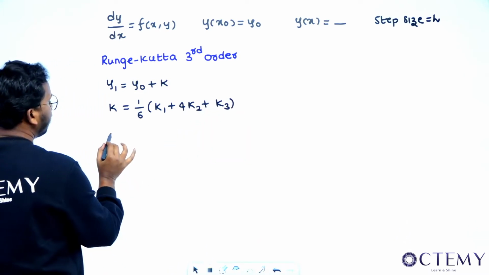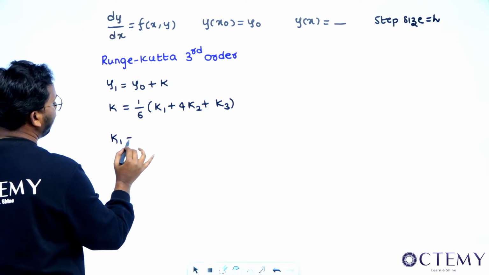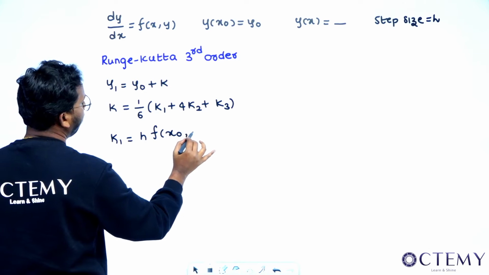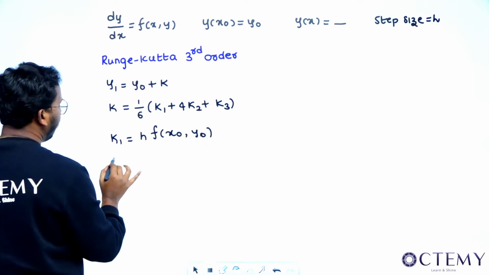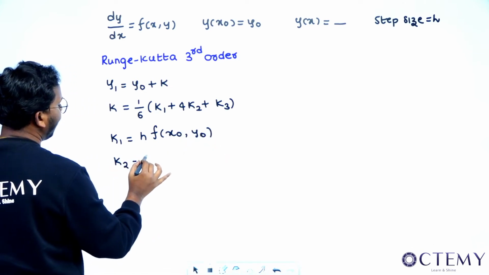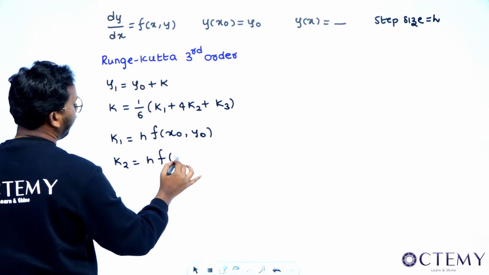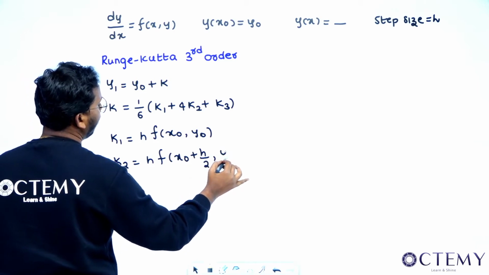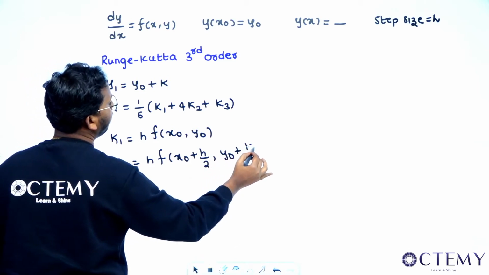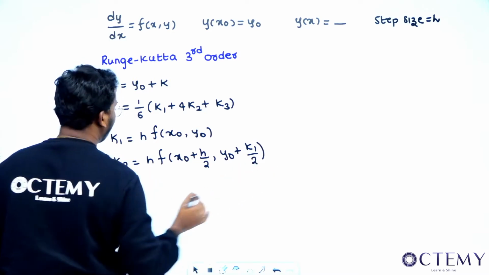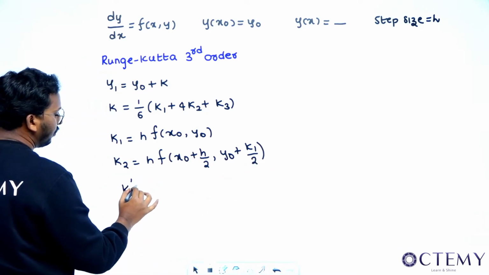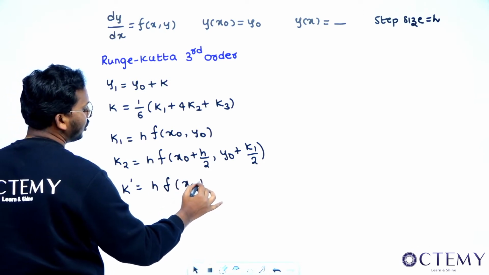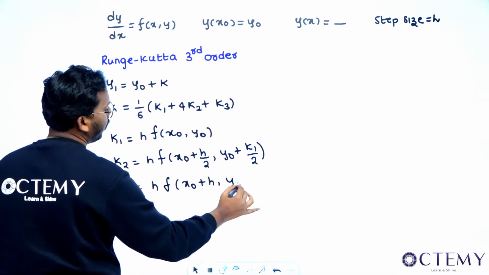And what will be k1? k1 will be equal to h times f(x0, y0), and k2 will be equal to h times f(x0 plus h by 2, y0 plus k1 by 2), and k dash will be equal to h times f(x0 plus h, y0 plus k1).